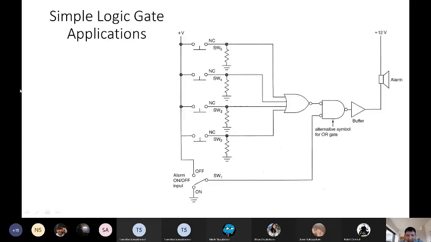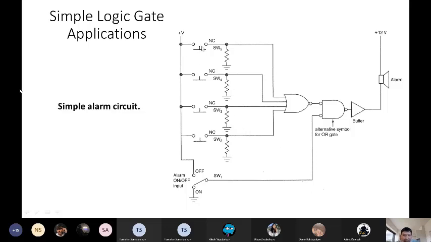Okay, so this one, what do you think? What can it be? Do you have some idea what this can be? Actually, here you can see an alarm. It means it's just a simple alarm circuit.